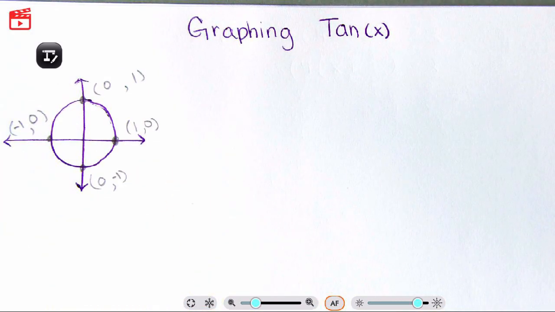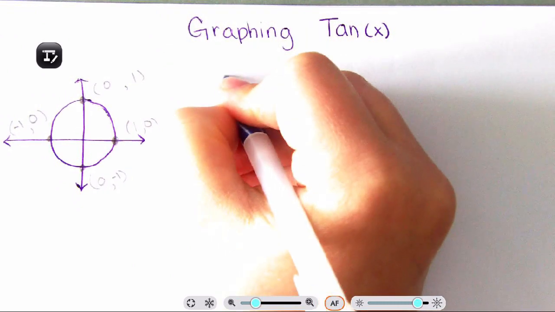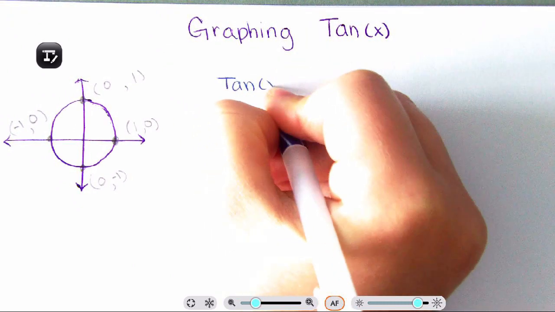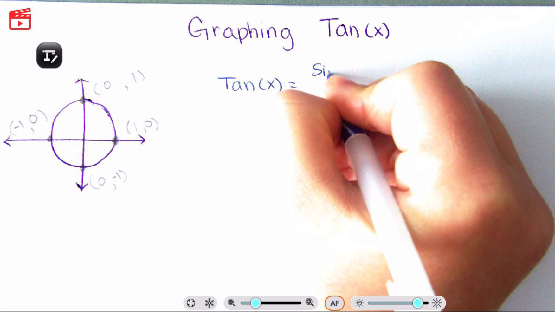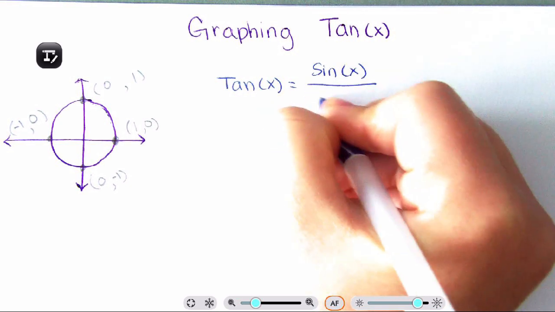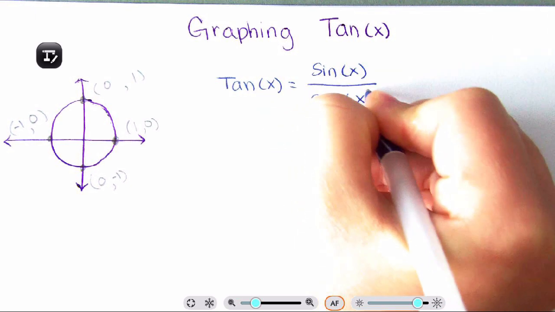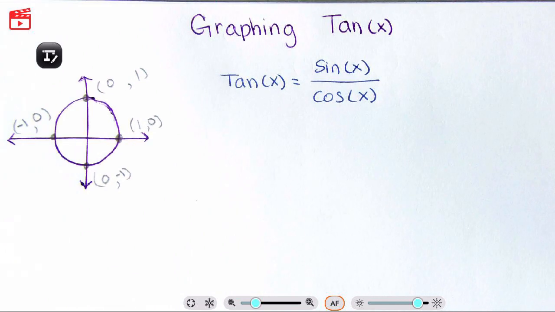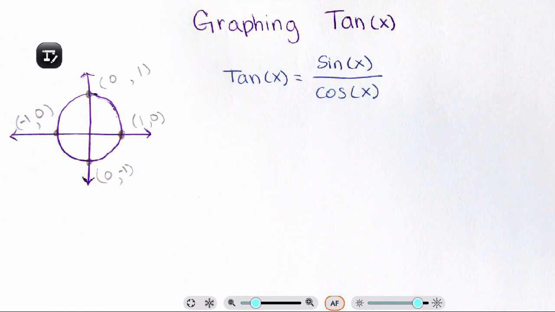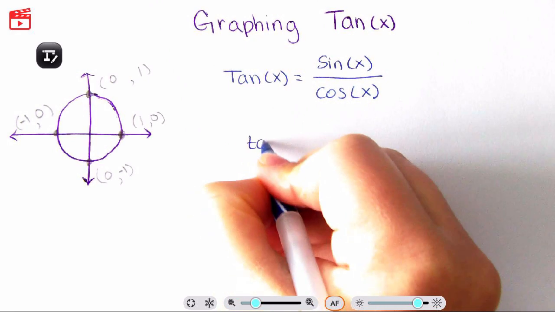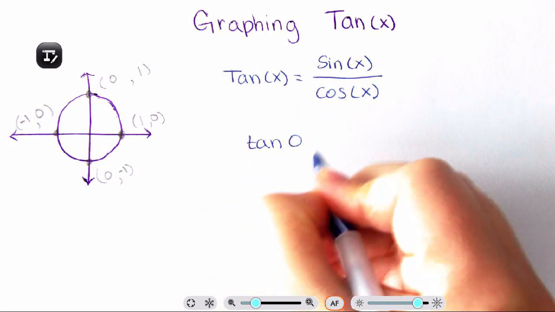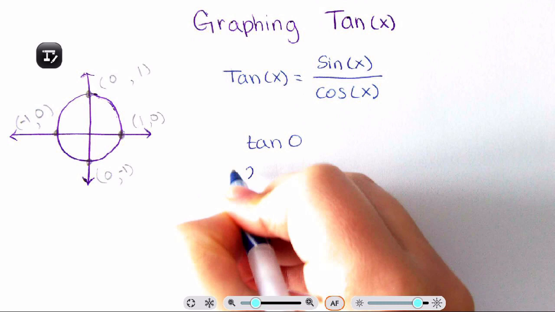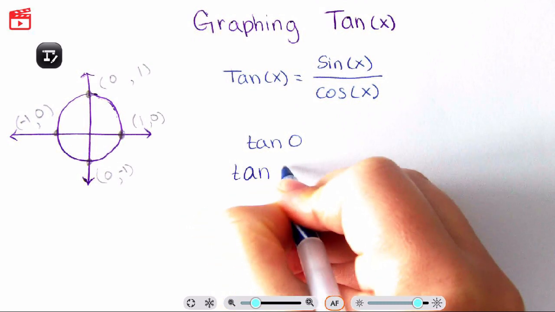Now, another thing you need to know is what tangent of x is. Tangent of x is sine of x over cosine of x. So let's develop the values that we need. Again, I said we need 5, but technically 4 of these. The first one we need is tangent of 0, and we need tangent of 2 pi.